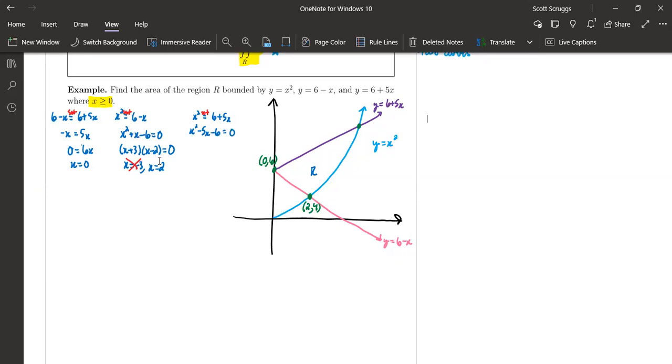Again, on the left-hand side, I now have a quadratic that I can factor in a straightforward manner. The straightforward manner is factoring as x minus 6 and x plus 1. So I'll go ahead and do that.